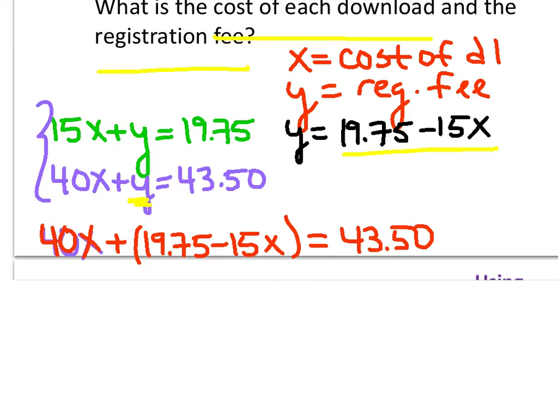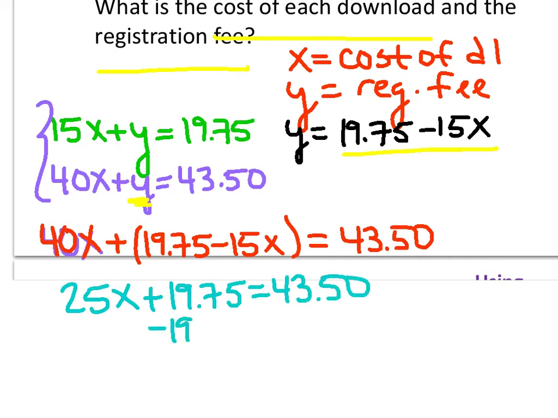Distributing, that's just a positive 1, so I'm going to combine my like terms. 40x minus 15x is going to give me 25x plus 1975 equals 4350. Solving, right? Bringing it over.